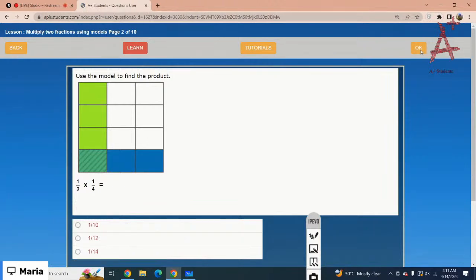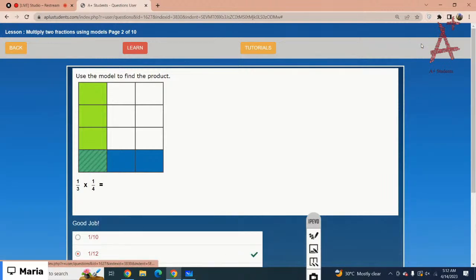Okay, so which is the correct option? 1 by 3 times 1 by 4. Which is the correct option? Yes, very good. That would be 1 over 12, because you can count the total squares, they are 12, and just one of them overlaps with both the colors, so it would be 1 over 12.